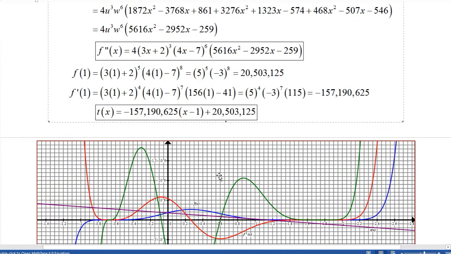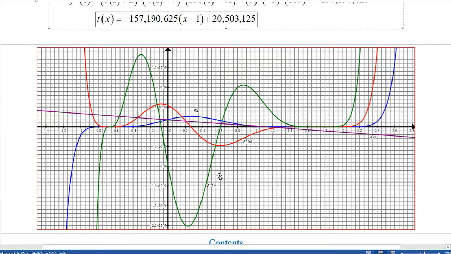So that would be a positive root that we would get out of the quadratic formula. And whatever that value is, that's where the derivative has a minimum, and the original function has an inflection point. So in between these two inflection points, second derivative is negative. Okay, so in between here, the original function's concave down and decreasing.